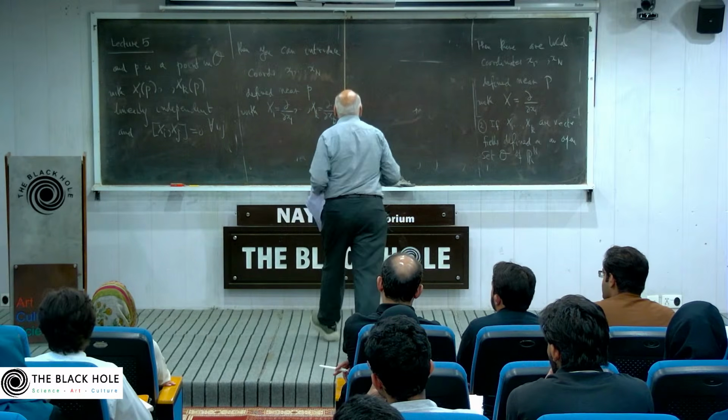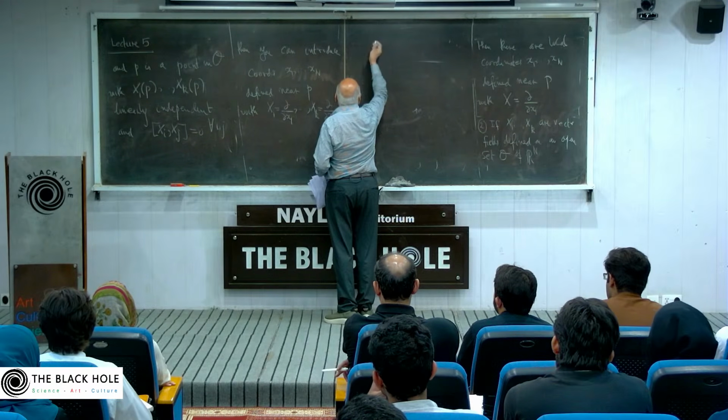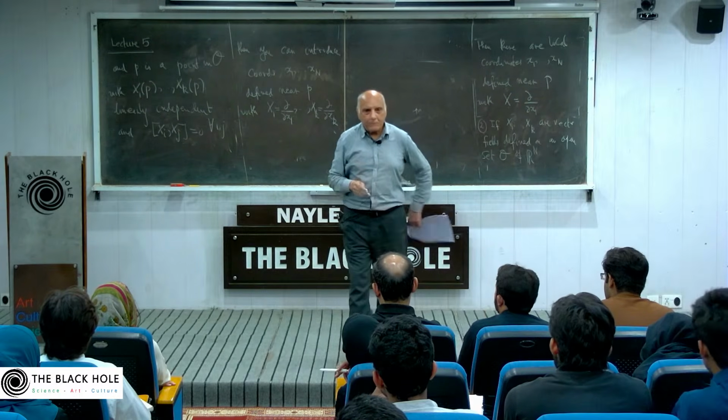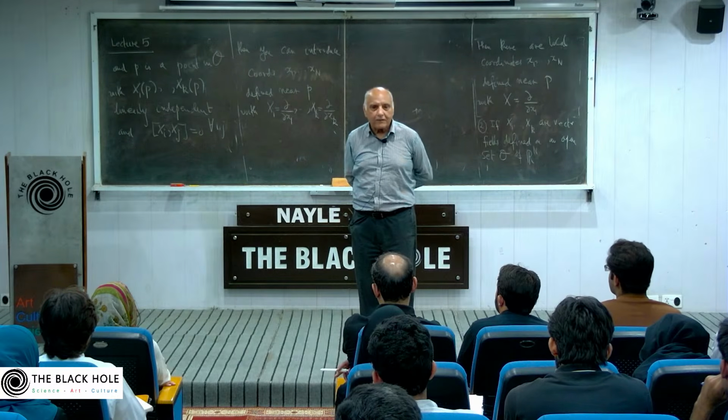So even in 1D, how will we do it? I give you a vector field x square partial by partial x. How will you straighten it out?